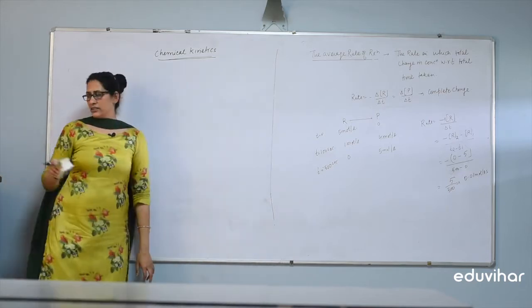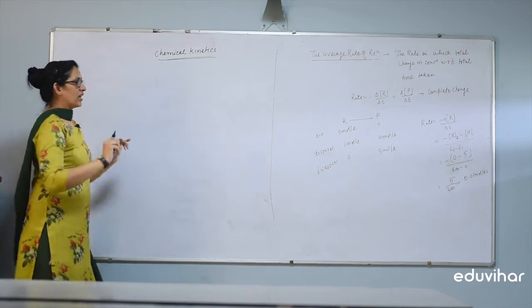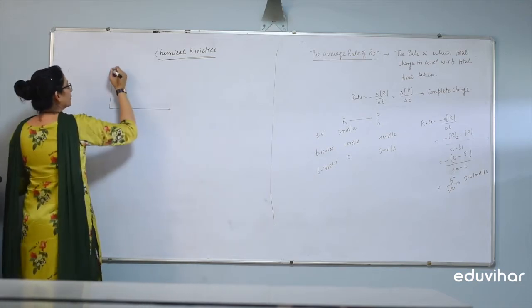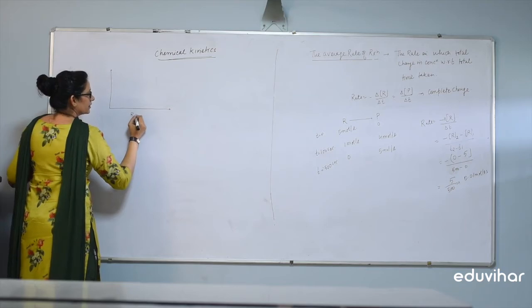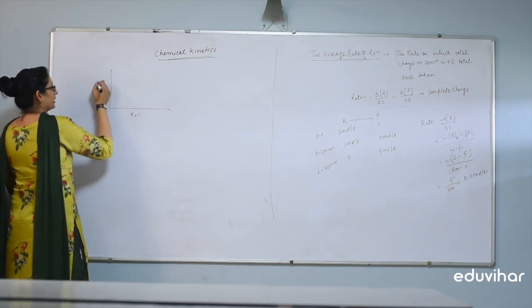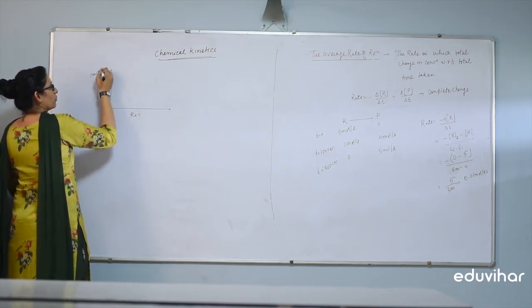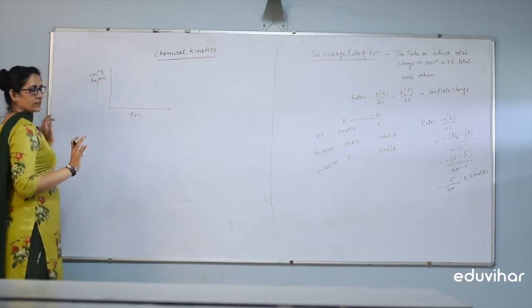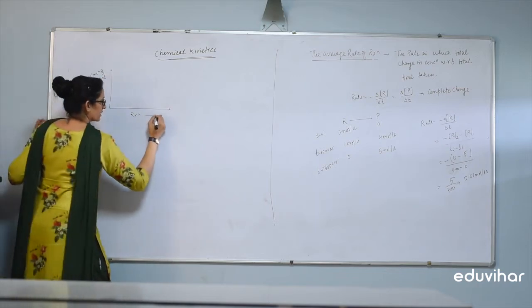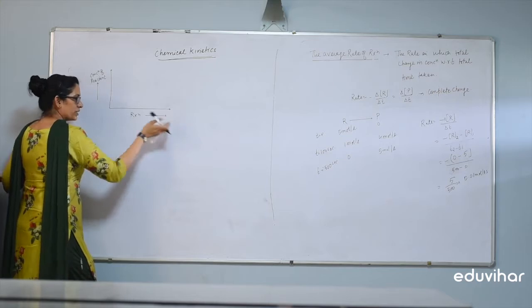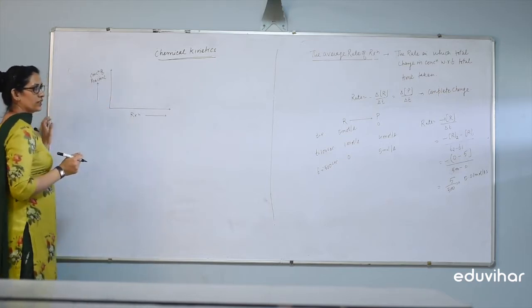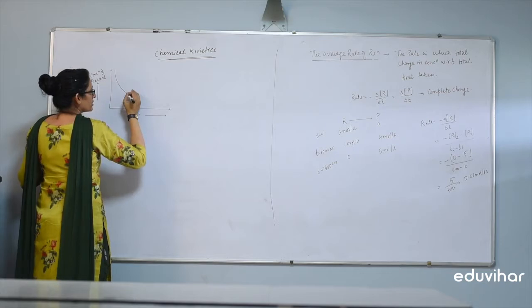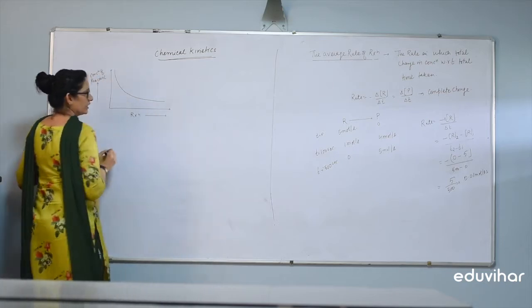To understand this, I am plotting a graph for a reaction. This is the reaction proceeding, and here I am taking the concentration of reactant. Please take this carefully. As the time goes, the concentration of reactant always decreases.